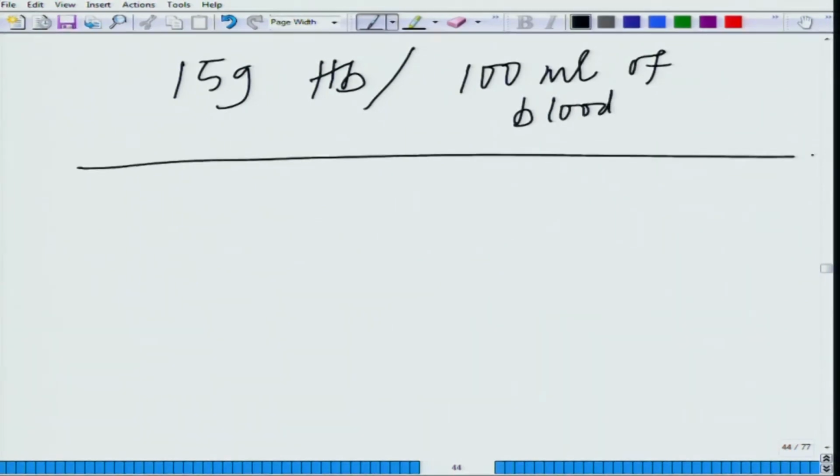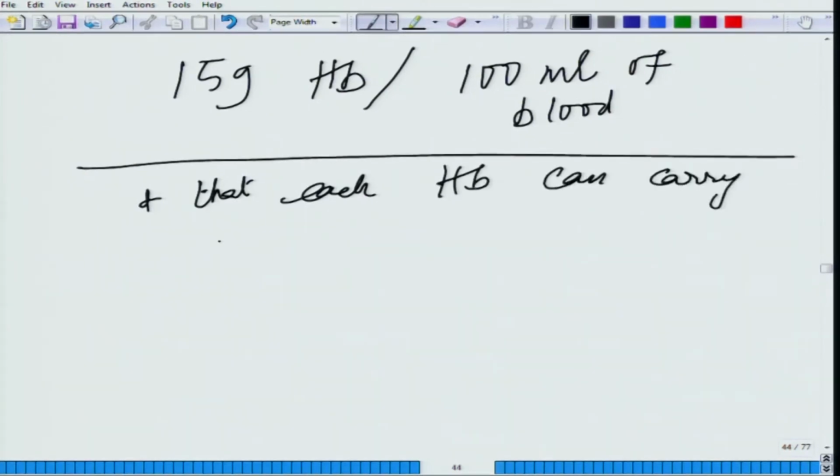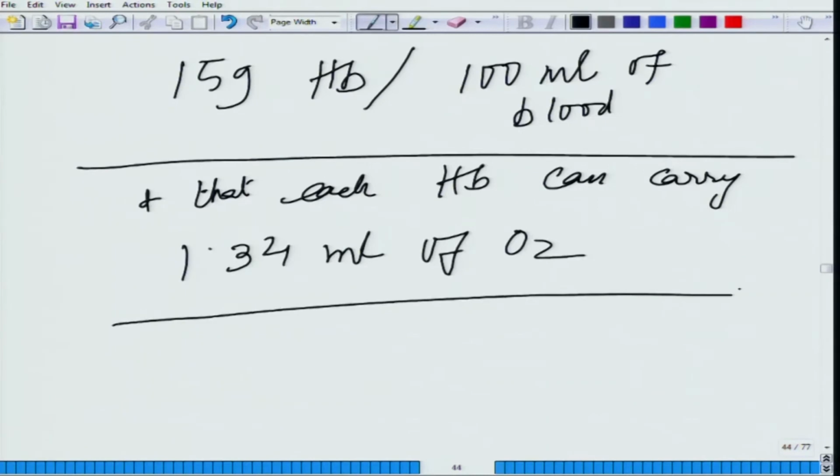So, this is basically what we talk about: how much hemoglobin is present, and that each hemoglobin can carry 1.34 ml of oxygen. This is very important.